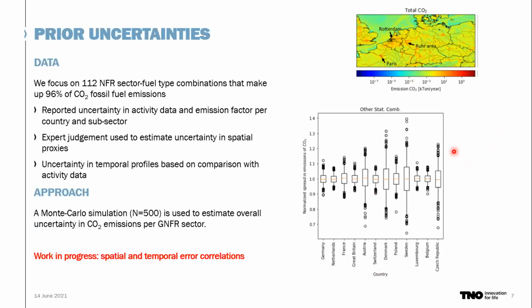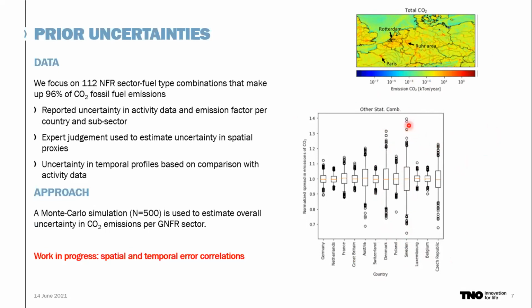Here there's no uncertainty included in the spatial and temporal distribution because it's annual country level emissions. But what I want to show here, for example, is that for Sweden or Denmark, you have quite a large spread in CO2 emissions for other stationary combustion. This sector is mostly residential and commercial heating.